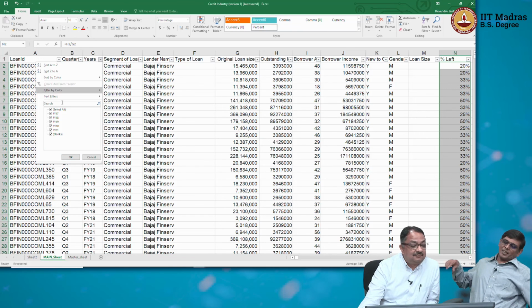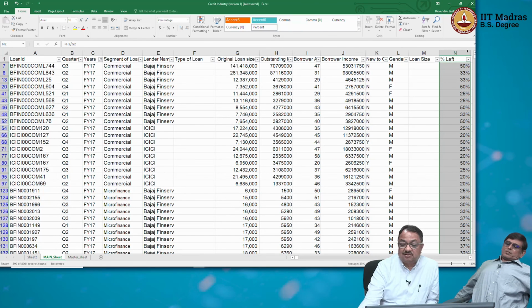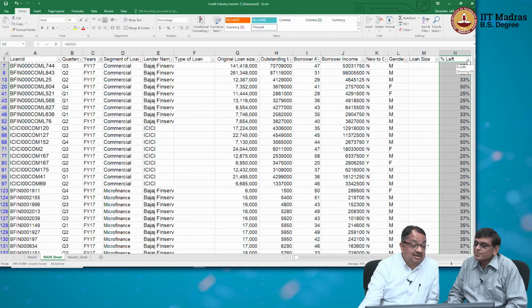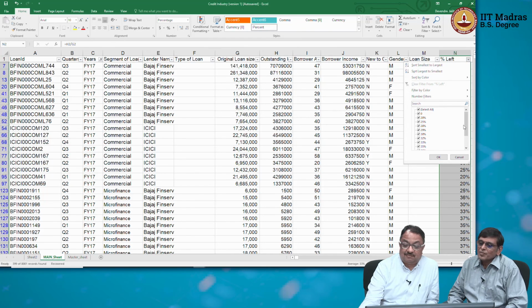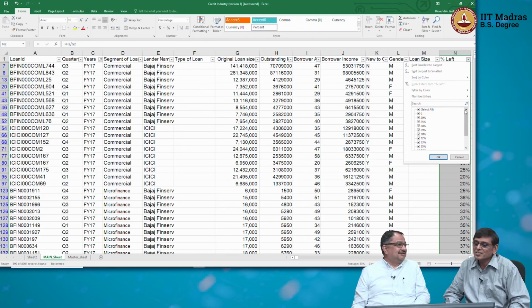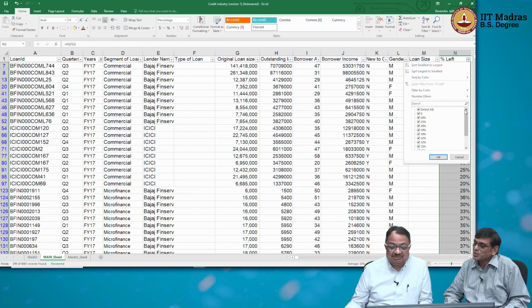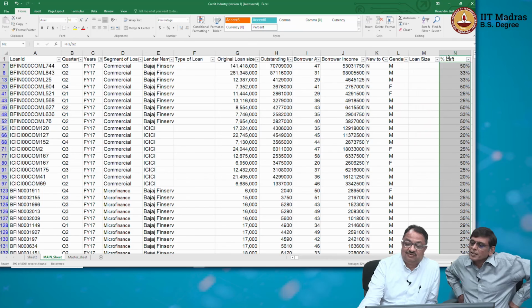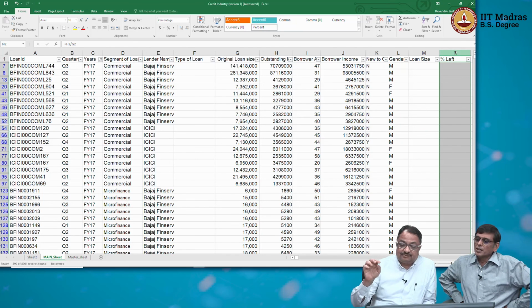If a loan was given in FY17, we have to look at the tenure. The problem is that we need to know the tenure of the loan also. Maybe a 1-year loan, a 2-year loan, maybe a 10-year loan. So we don't have enough data. We also need to know the interest rate. How much is interest, how much is principal? Maybe a 30-year loan where only interest would have been paid. Difficult. Okay, we'll leave this.